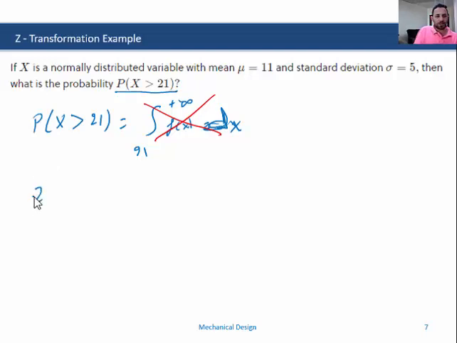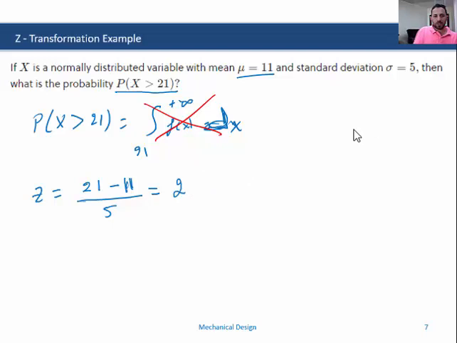So we say z is equal to 21 minus the mean over the standard deviation, which is equal to 2.